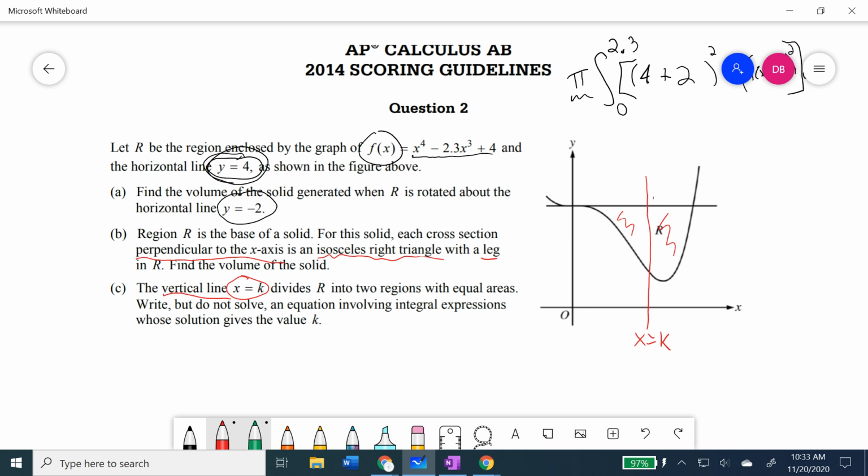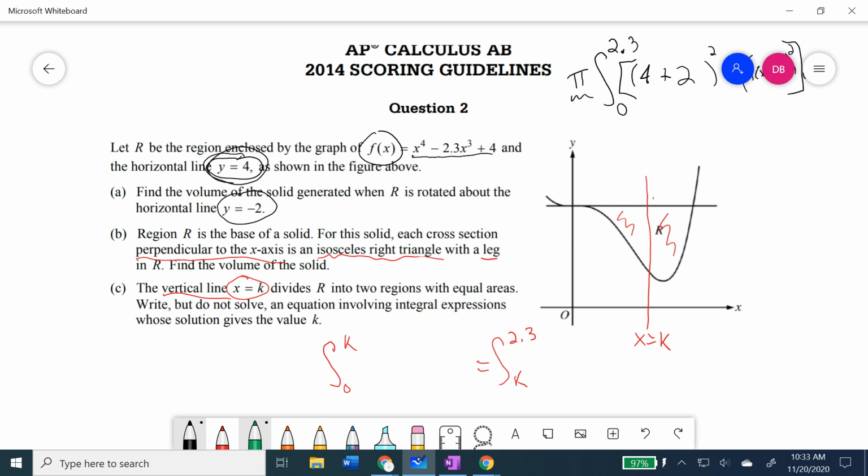There are a lot of ways you can write this that are acceptable. The easiest way is if you set up an integral that goes from 0 to k, and I'll fill in the info in just a moment, and say that that is equal to the integral that goes from k to 2.3. So just kind of take a moment to look at that aspect of the formula. Then you need to put in the proper area formula.